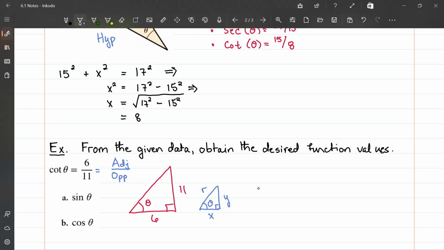And once again, if I were to start calculating cotangent using that adjacent over opposite approach, for me, that would be x over y. But then if I calculate cotangent for this red triangle, 6 over 11, because they are similar triangles, once again, these values must be exactly the same.